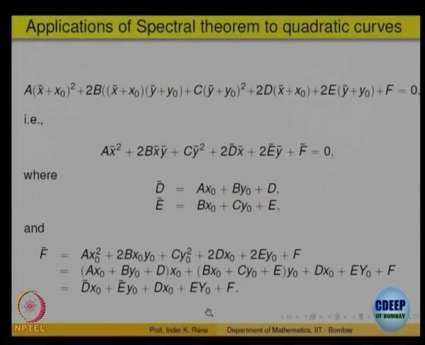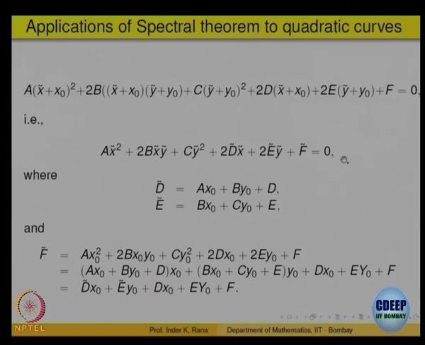Put these values in the given equation. That is the equation ax square plus 2bxy plus c, that is equal to 0, the original one, in terms of x tilde and y tilde. Once you simplify, it becomes a x tilde square plus 2b x tilde y tilde plus this is equal to 0.